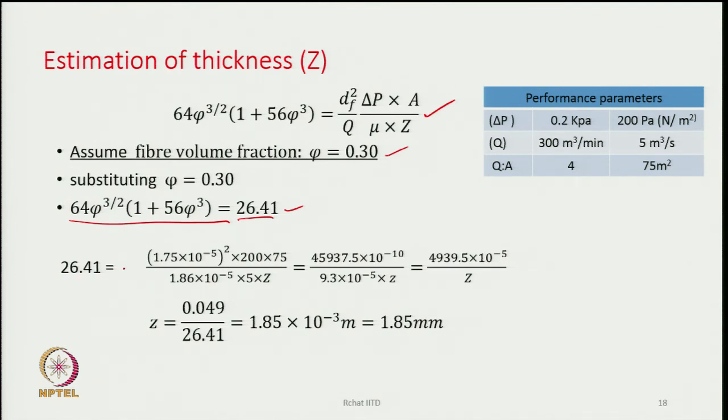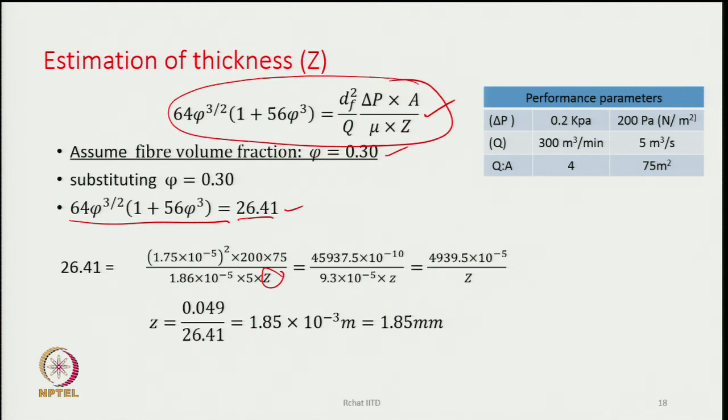So, 26.41 we put in this equation now, and we put the rest of the values on the right-hand side. The only unknown is Z, where Z is the thickness of the fabric that we have to find out.